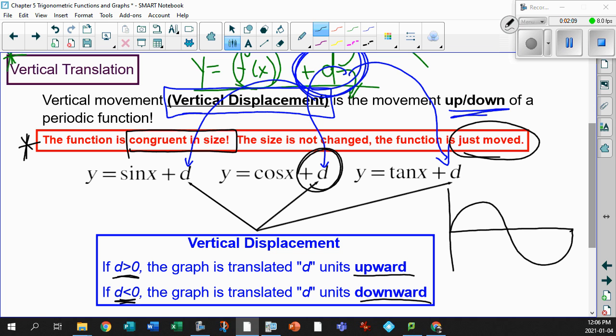One complete function over 2 pi, right? Now, think about this. I have not changed anything here. I have not changed the period. All the periods are based on b, and b's are all ones. So guess what? The period for cosine and sine are all going to be 2 pi. For tangent, of course, it's going to be pi. We'll talk about that when we get to tangent later on, okay?